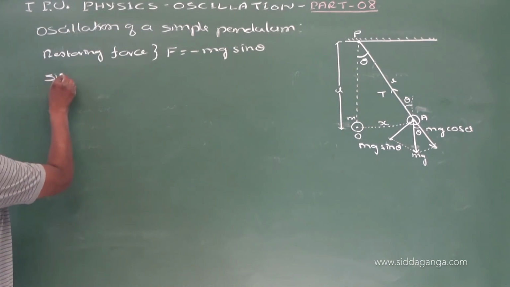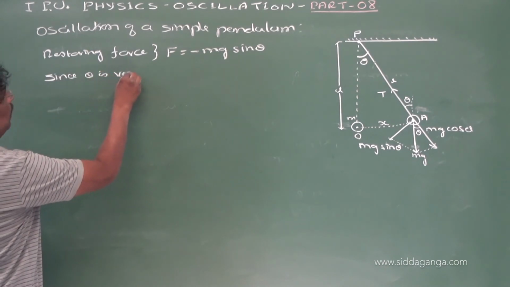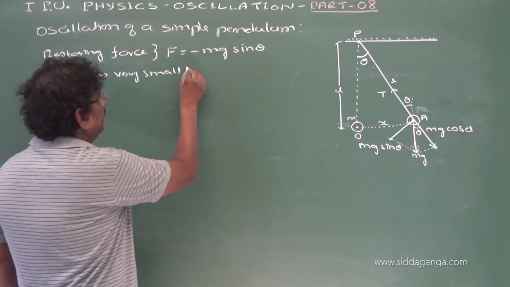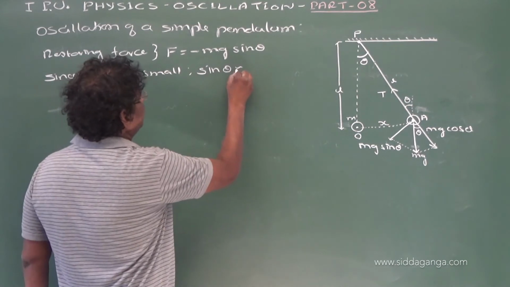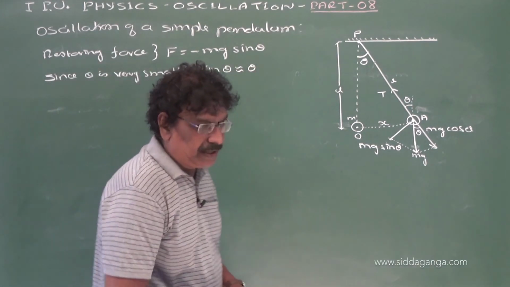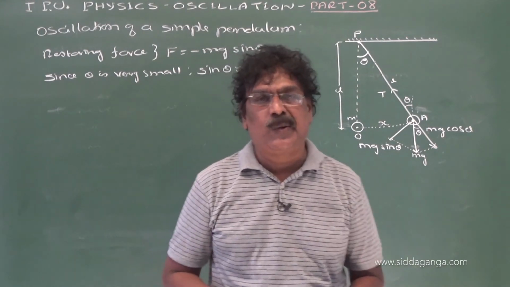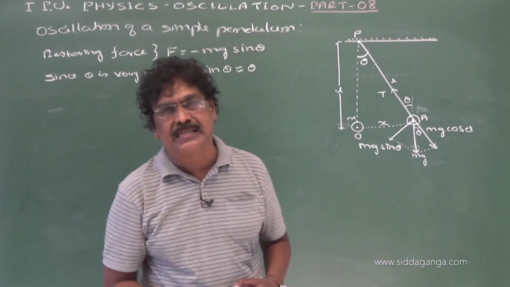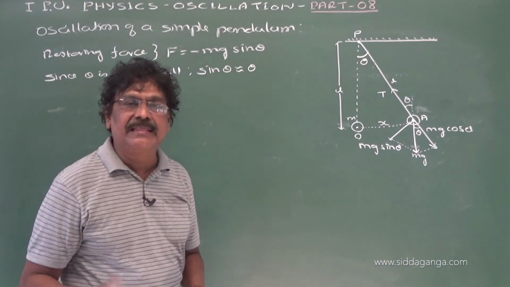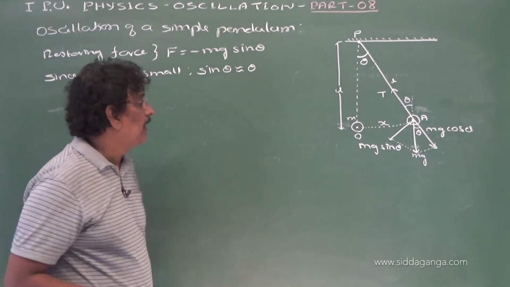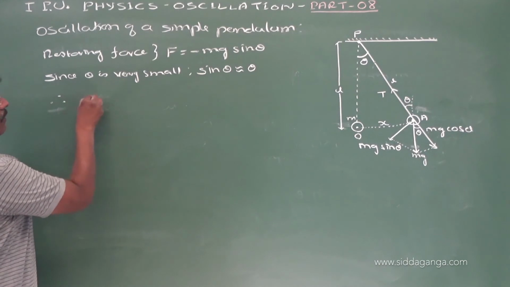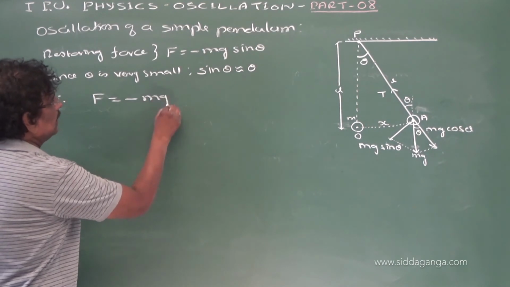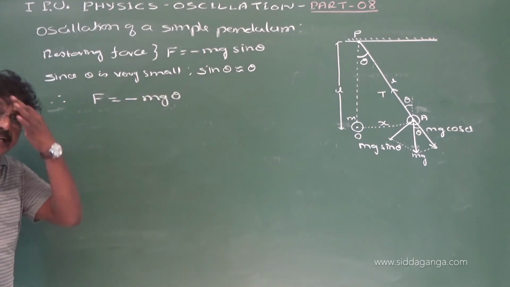But since theta, the angular displacement, is very small, sin theta is nearly equal to theta. This is a concept of trigonometry. When angle theta is very, very small, sin theta is nearly equal to theta, and of course tan theta is also nearly equal to theta. Therefore, we have the restoring force F equal to minus mg theta, right.